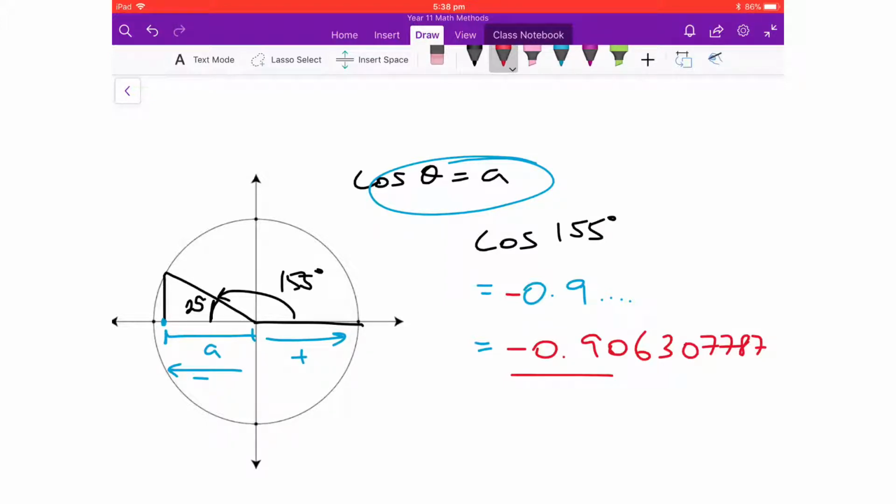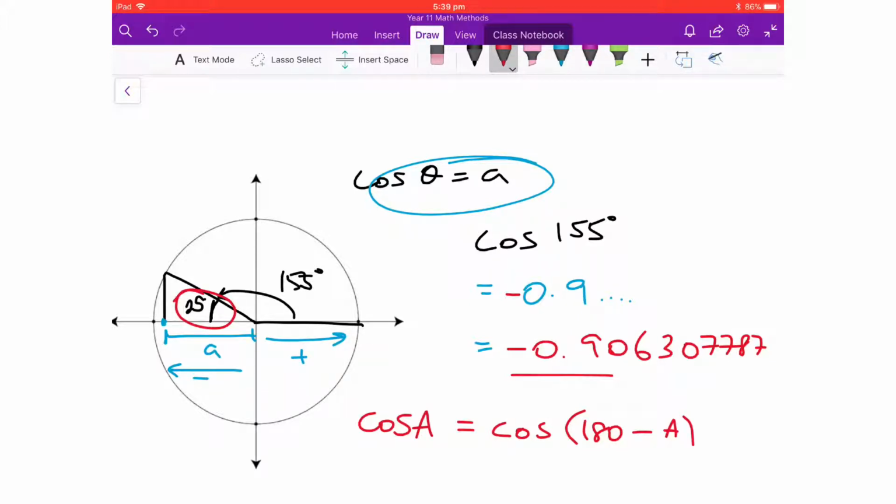So what we found, similar to the sine rule that I wrote earlier, is that cosine A, if A is an obtuse angle, bigger than 90 and less than 180, is going to equal cosine of 180 take away A. That's exactly what I did. Again, this 25 is going to be the same.